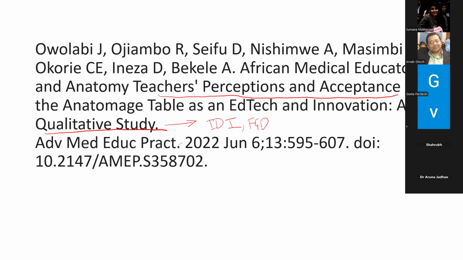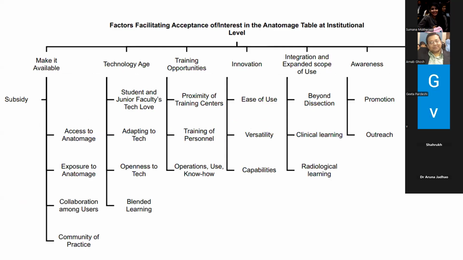And then the findings they have reported in a taxonomic way of representing the themes. So what they have done, not only the perceptions, but they have tried to find out the factors facilitating acceptance of virtual dissection. And the major themes they have found are make it available, technology age, training opportunities, innovation, integration, awareness, and the drive.